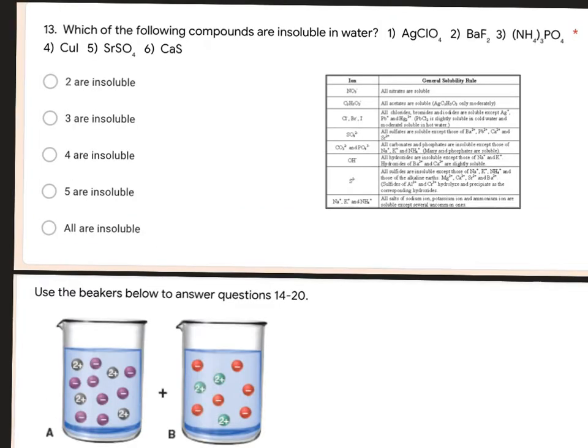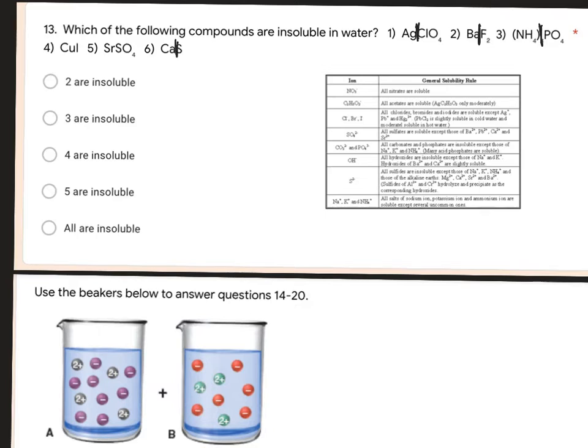Okay, and now question 13. We need to look at the solubility rules. I just copied this off of the internet, but you should have this on that purple sheet that I gave you before break. Basically, what you want to do is go through each of these compounds, break them apart into their respective ions, and see if there are any rules explaining what's going to happen here.